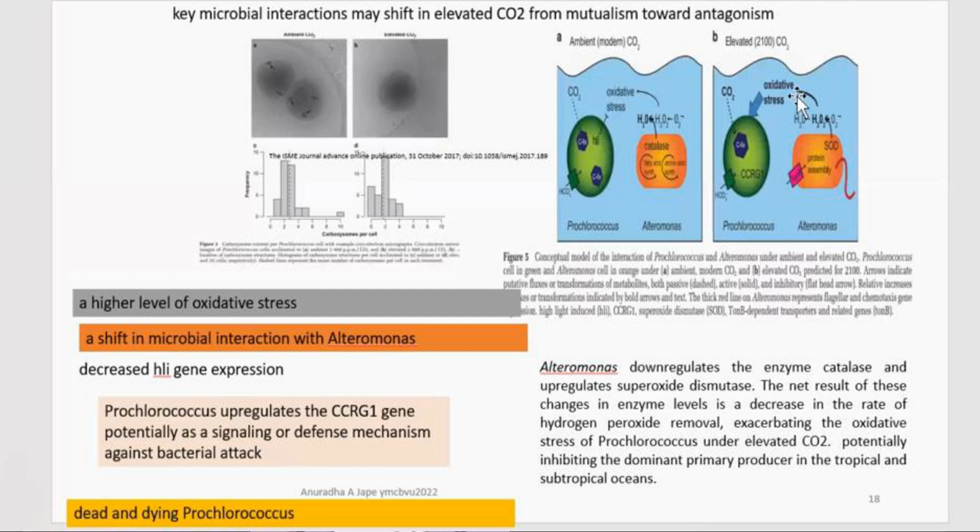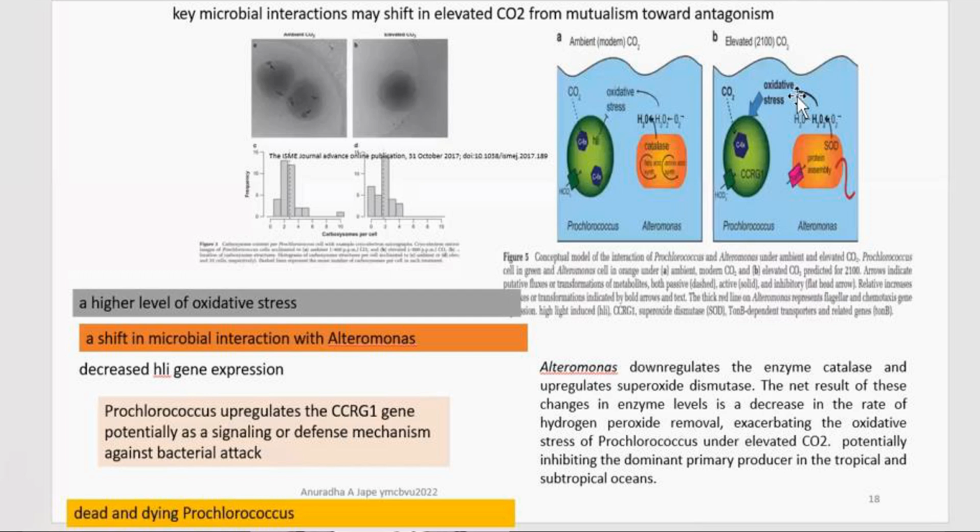But is Alteromonas so easily cultivable? No, not at all. Then the mechanism of Alteromonas that helps Prochlorococcus to grow is to be understood. Now I know the catalase produced by Alteromonas helps Prochlorococcus to combat the oxidative stress.